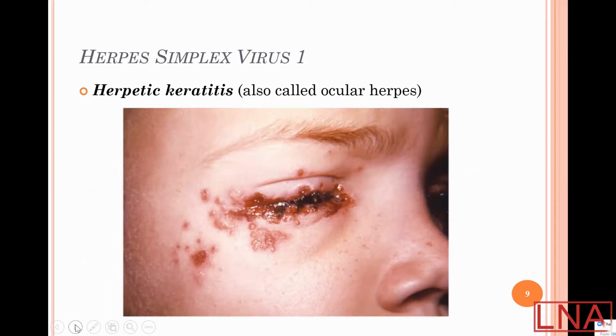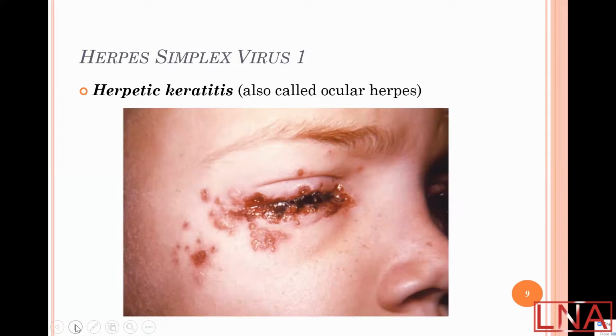There is a picture of a child who has ocular herpes virus or herpetic keratitis. And you can see recurrent lesions of herpes labialis, whether they occur near the lips or, as you see in the picture, the eye.